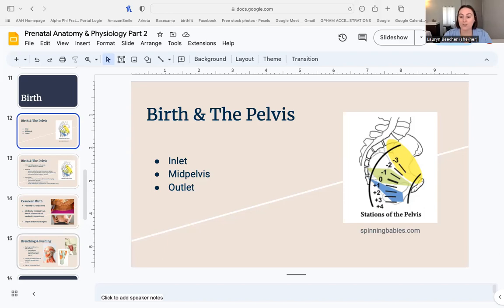That's telling you that the baby hasn't yet entered the inlet, or they're just in the inlet. Whereas if they're at station 0, then they're right in the middle of the pelvis. If they're at positive 1 and beyond, then they're in the outlet, or they're entering the outlet of the pelvis. Some of you may be doulas or midwives, other people that are part of the birthing team, and you're probably very familiar with this.